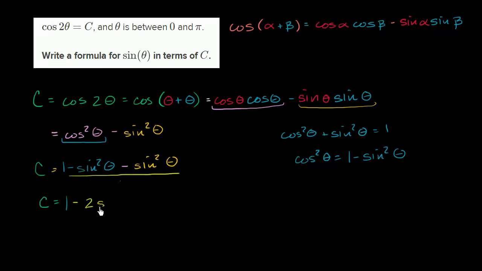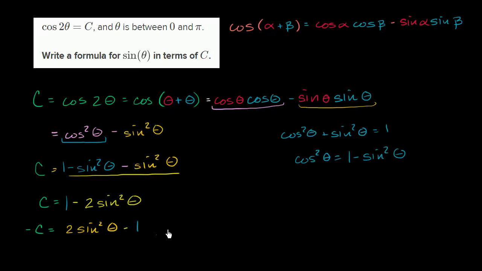And what's useful about this is now we just have to solve for sine of theta. So let's see. I could multiply both sides by a negative just so that I can switch the order over here. So I could write this as negative c is equal to 2 sine squared theta minus 1. I just multiplied both sides by a negative. And then, let's see, I could add 1 to both sides.